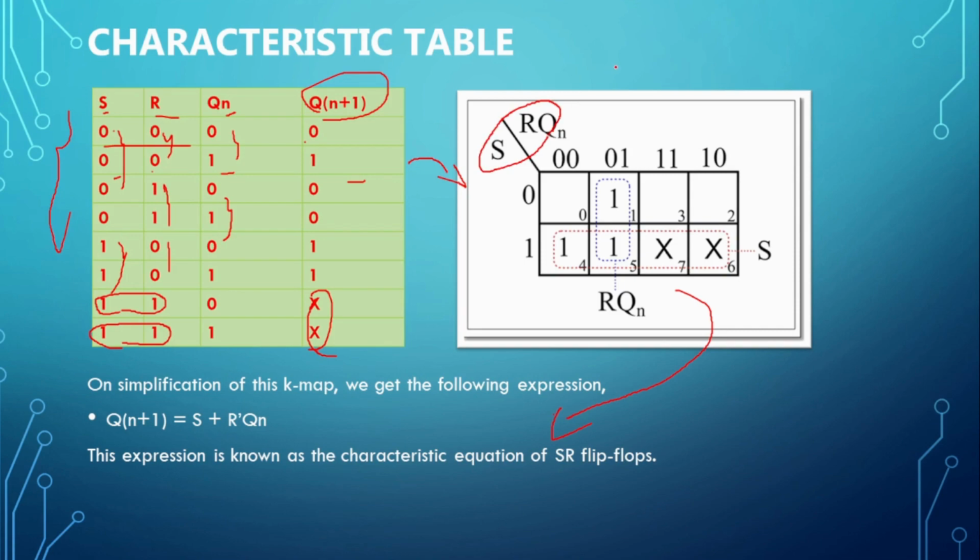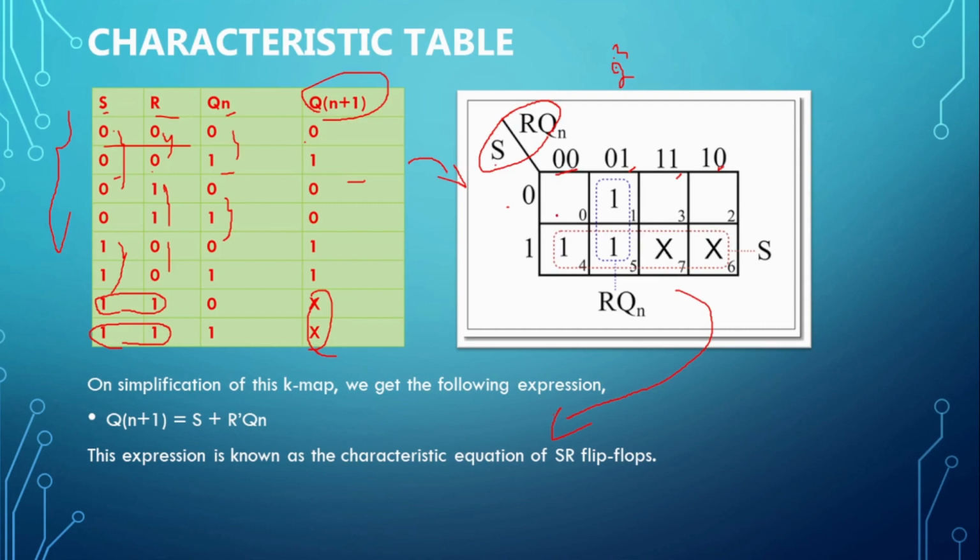So these are the three variables, S, R and Qn. If you have three variables, you need to draw the K-map for 8 cells, that is 2 to the power 3, that is 8 cells. You will have two rows, 0 and 1. One of the variables is S, and the others are R and Qn, 00, 01, 11, 10.